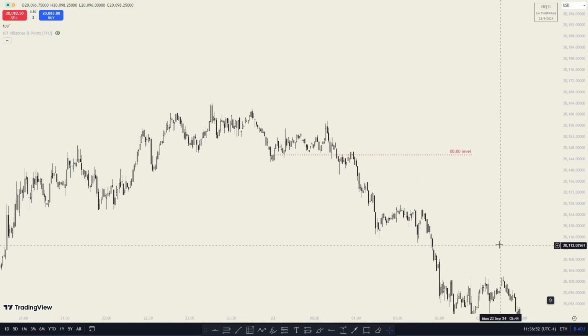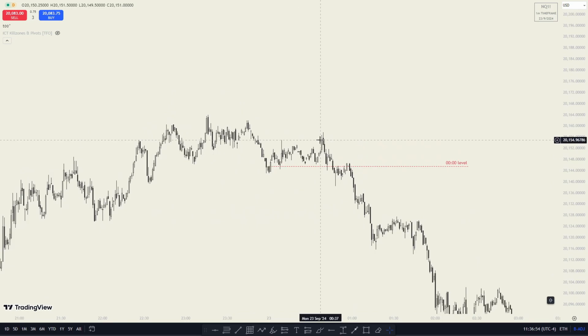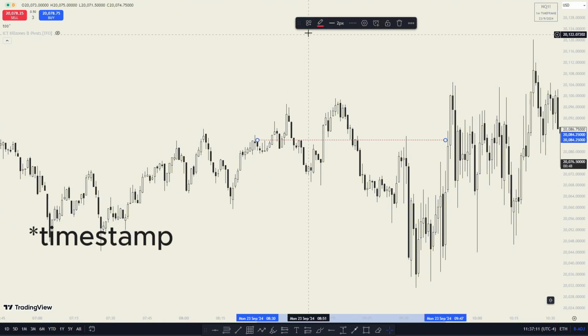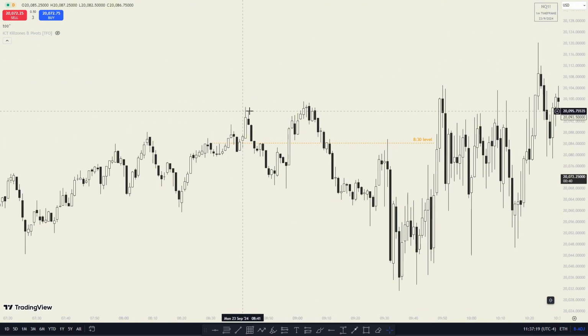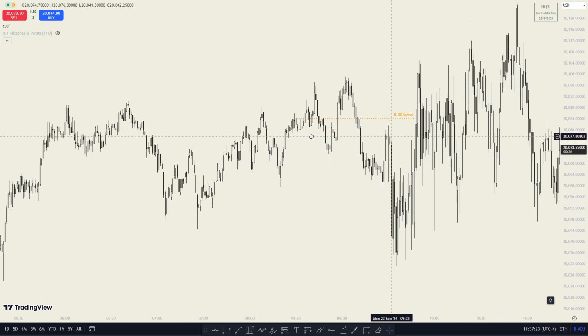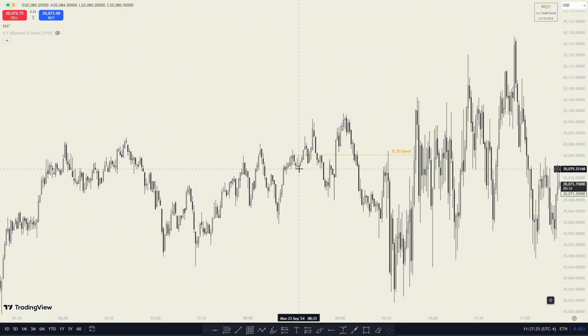Obviously, if you're bearish, you wanna sell above it, and if you're bullish, you wanna buy below it. The second important time is the opening price of the 8:30 candle. The logic is the same. You wanna buy when we are below it and sell when we are above it.